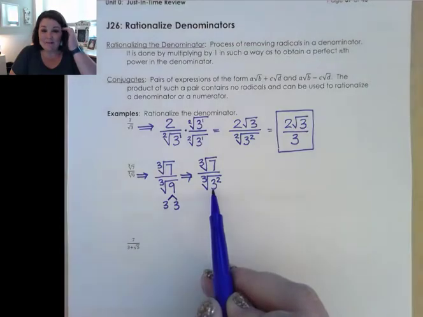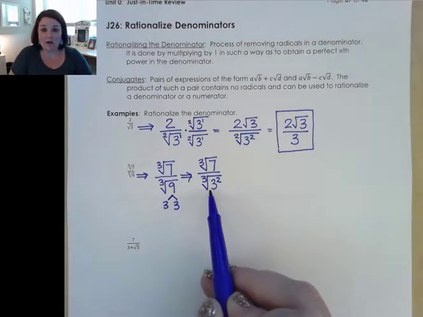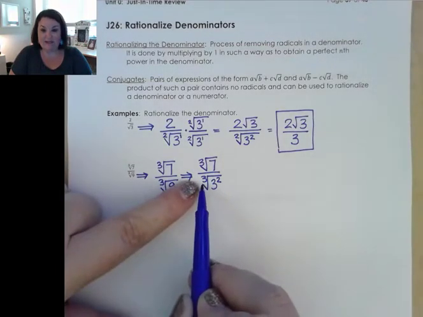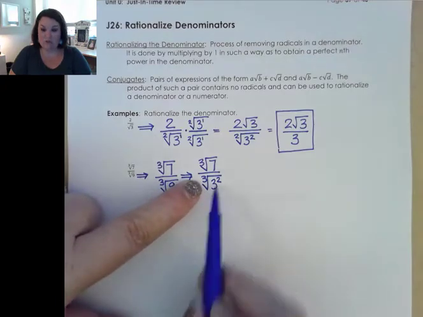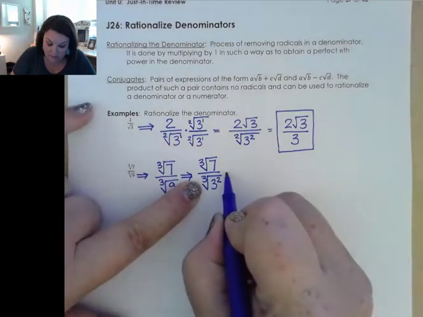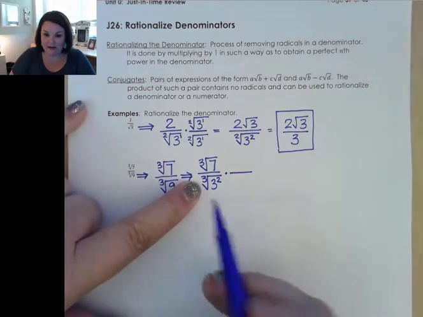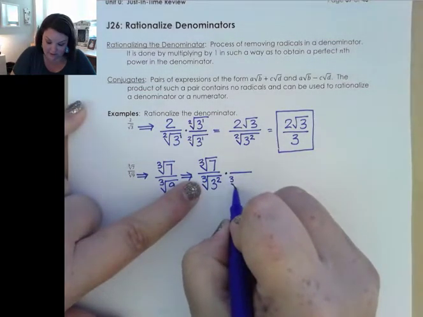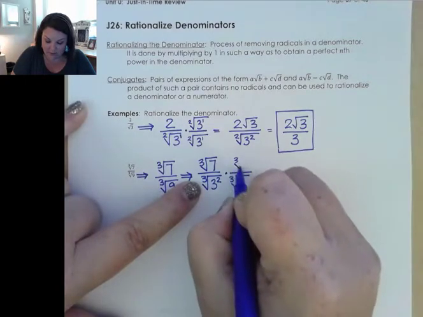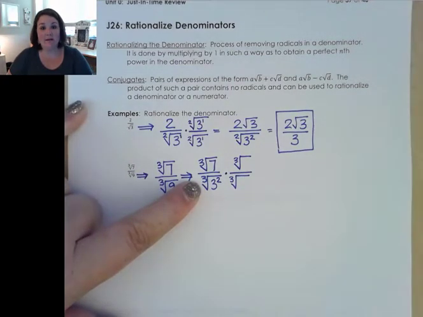But in order to get that radical out of the denominator, I need 3 copies, and I only have 2, which means I need to multiply by an additional copy of 3. It has to be the same radical, so I still need to multiply by a cube root, and whatever I multiply by on the bottom, I have to multiply by on the top.